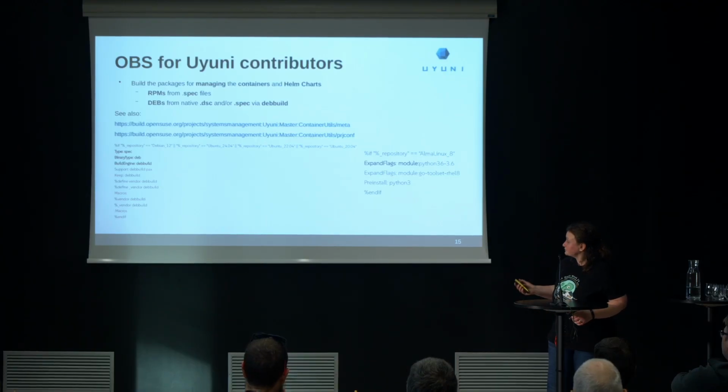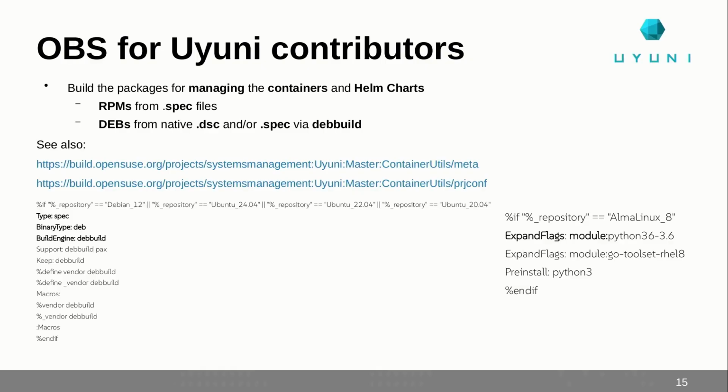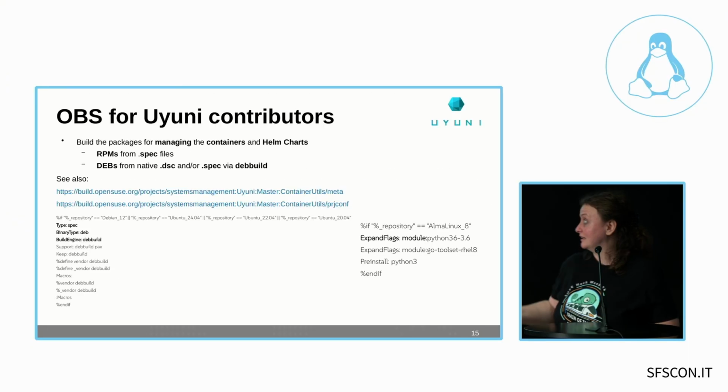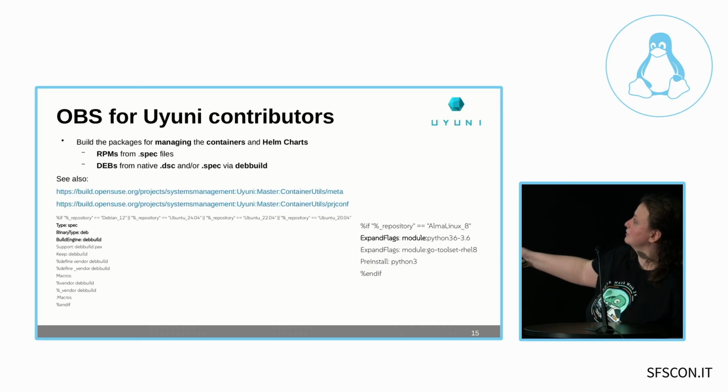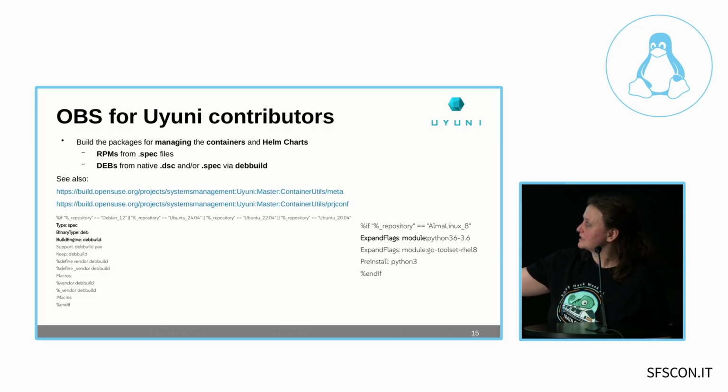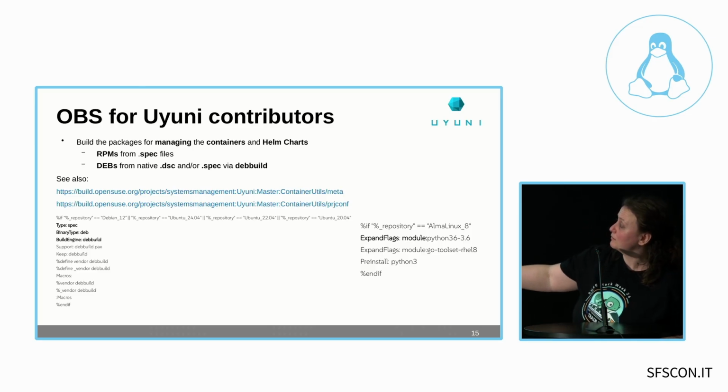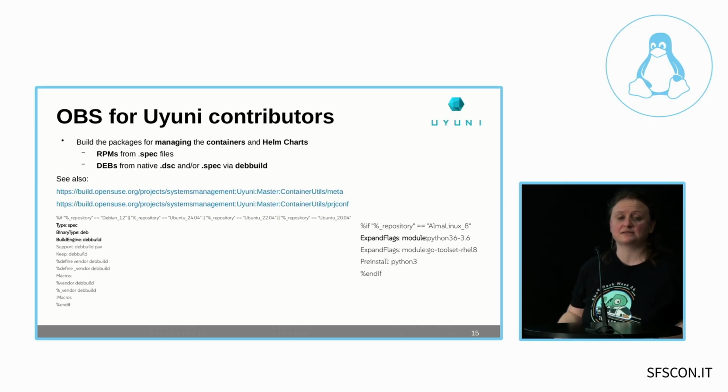Then, of course, as I was saying, this one is just a small example of a part of the configuration file, the so-called project config, where I can define, and actually this one is the real definition, that for the repository that is called Debian 12 or the other for the Ubuntu family, I'm using a spec file, but actually what I want as an output is a deb, and I want to use debbuild as a build engine.